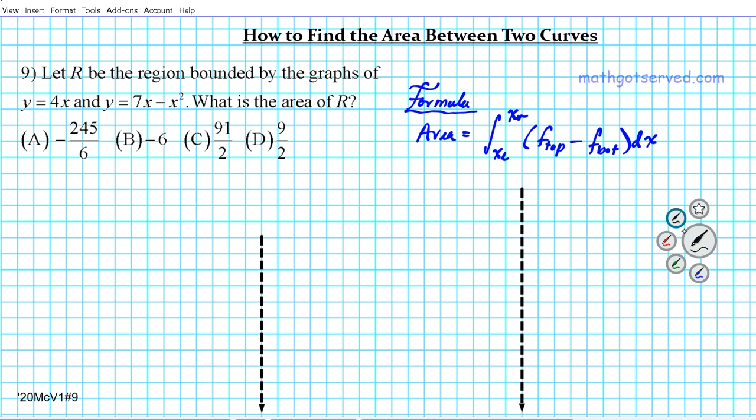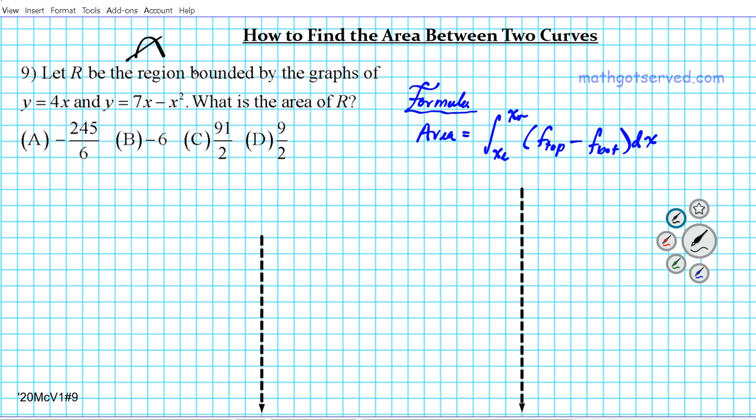All right, so let's identify our functions. So we have a linear function here and a quadratic function. If you think about it, in order for them to bound an area, considering the fact that this quadratic function is downward opening, is it obvious that the top function will have to be the quadratic? So you have a quadratic function on top and a linear function on the bottom, right? So they can bound an area.